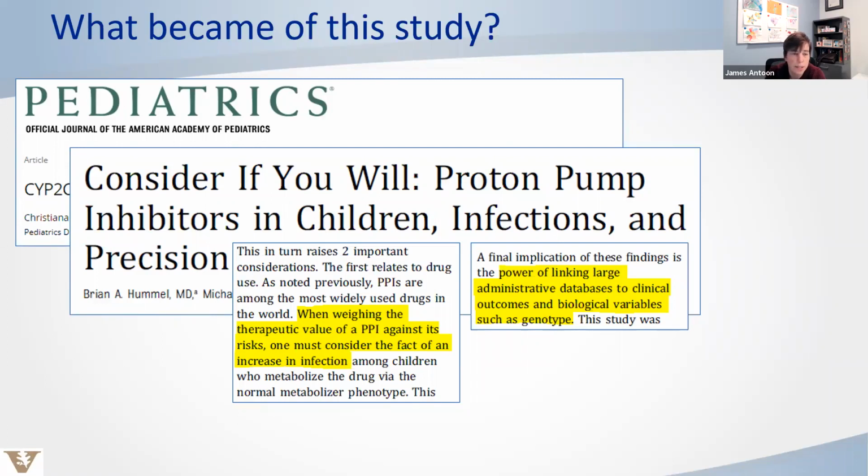And I appreciated that the editors also commented that this provides some insight into the power of linking databases with outcomes like infections with things like genotype, which of course is one of the things that we hope to do in MPRINT, is to help make these linkages across even single institutions to multiple institutions to increase our power to be able to detect these kinds of associations. Next slide.